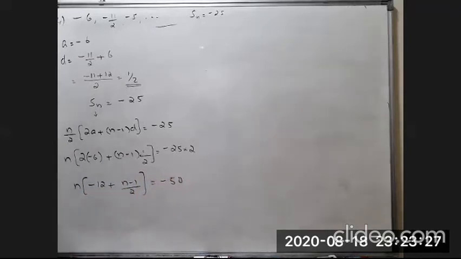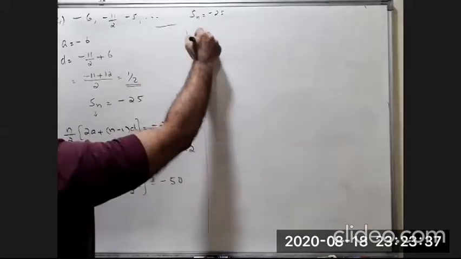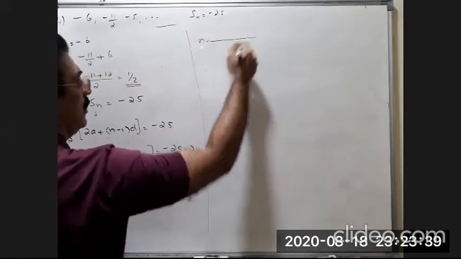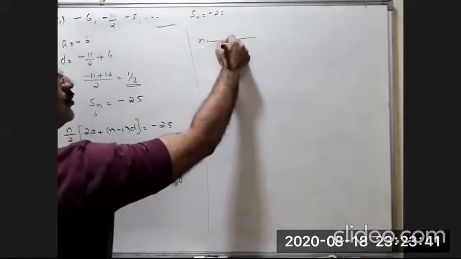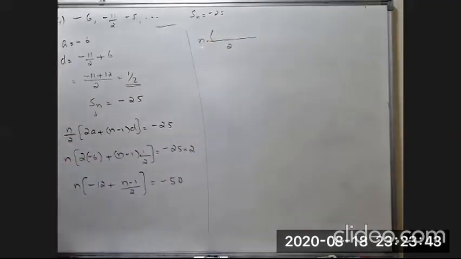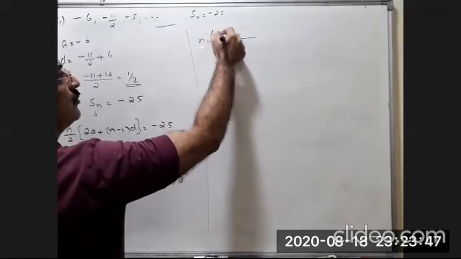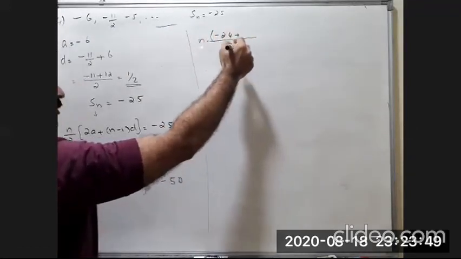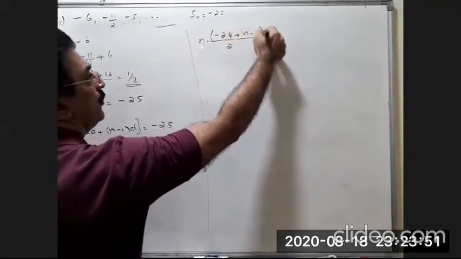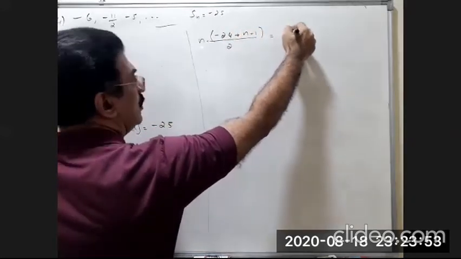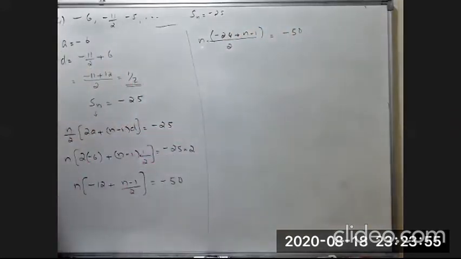How will you further simplify? Take LCM here. LCM is 2. So n into minus 12 times 2, that is minus 24, plus n minus 1 is minus 50.